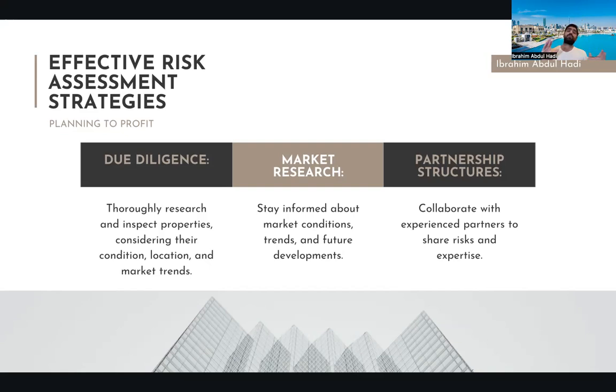As well, with market research, we need to know the condition, what we mentioned, the trend, and what future development will be surrounding this area.